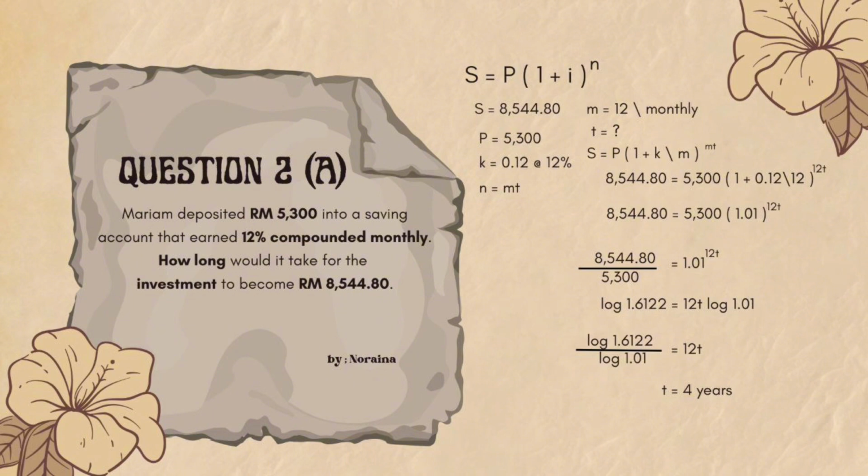Next, put all numbers in the correct places as now we have the formula. S is 8,544.80 equal to P, 5,300, times (1 + 0.12/12)^(12t). Then, we need to calculate the bracket first.